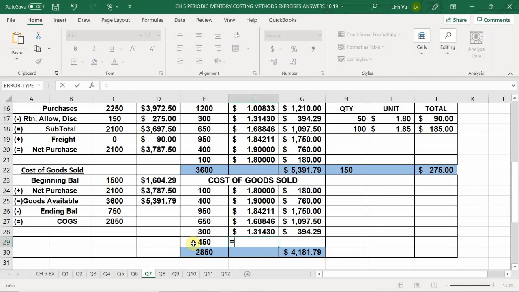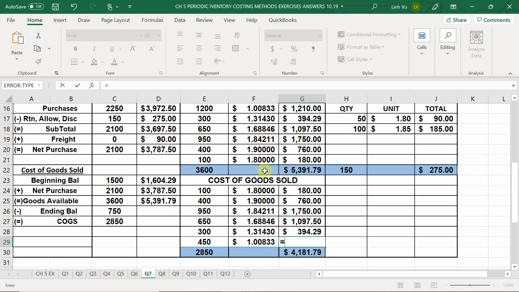In this case, I only have one batch of inventory left, right? I'm only left with my 1,200 items. So in this case, I need to calculate my average cost per item here. Excuse me, my cost per item here.